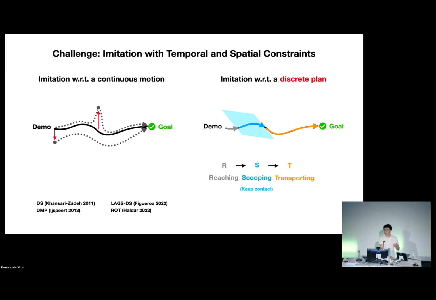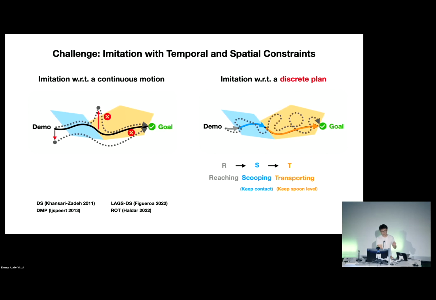The scooping mode has a mode boundary that ensures contact during scooping, and transporting mode has a mode boundary that ensures the spoon is level without spilling. Anything else can be in a reaching mode. And a policy rollout is successful as long as it goes through these mode sequence. And no matter how different it is from the demonstration after perturbation, it will be successful.